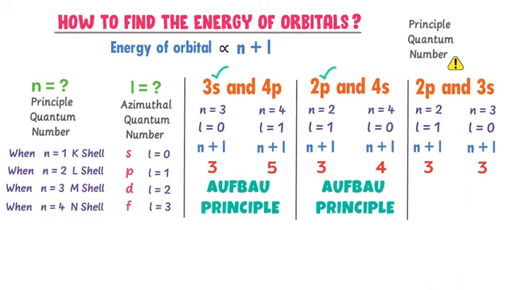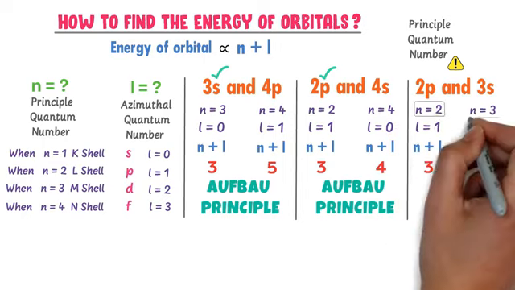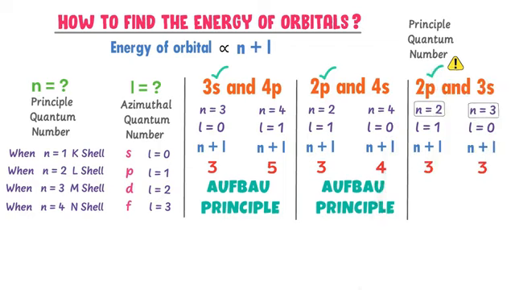Again we get same value of n plus l for both the orbitals. Can you guess which orbital has less energy? I hope you can. The principal quantum number of 2p is 2 and that of 3s is 3. So 2p has lower energy than 3s. Therefore, according to Aufbau principle, firstly electrons will fill 2p orbital.